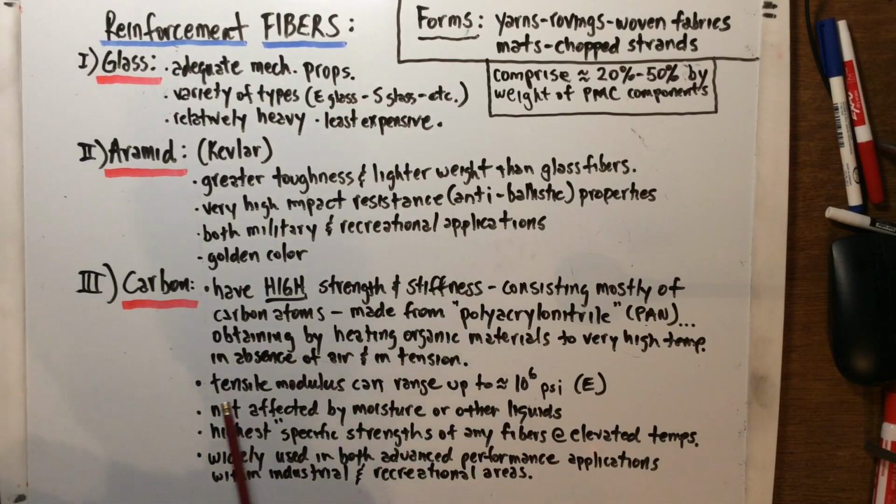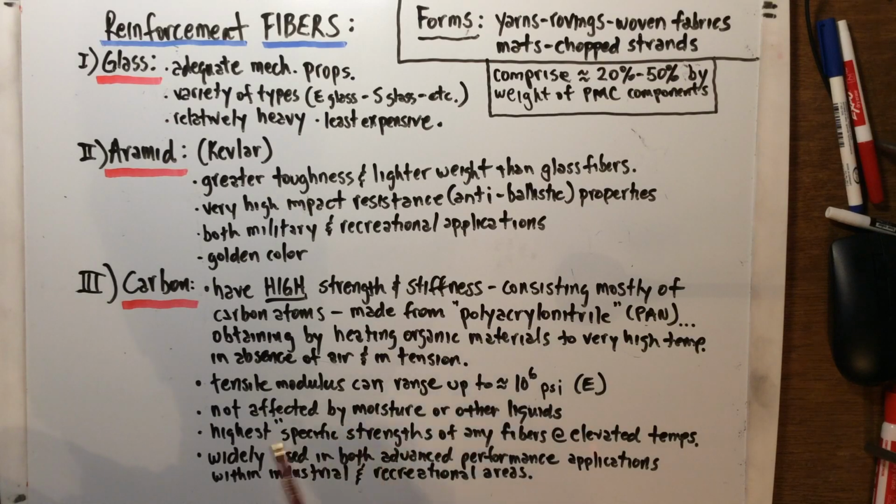Now, the tensile modulus, or the modulus of elasticity, can range, as I told you, all the way up to 100 million psi, which is incredible. 100 million psi is unbelievable, because steels are right around 29 million psi.